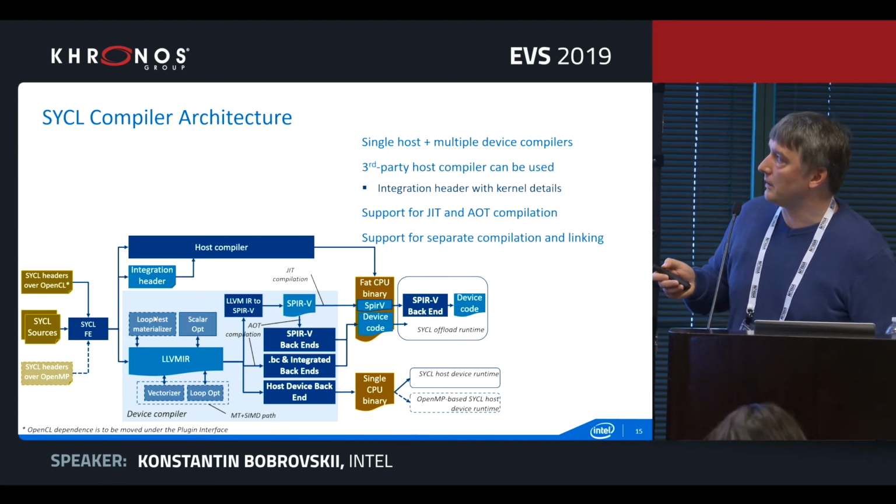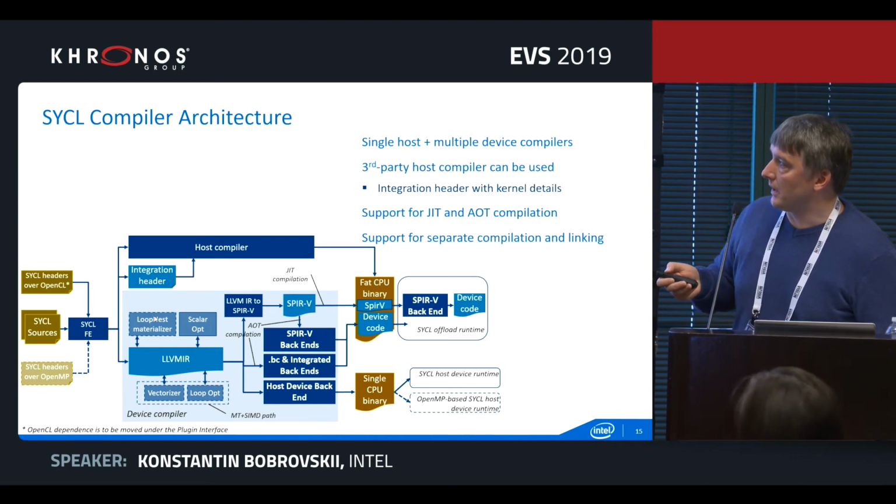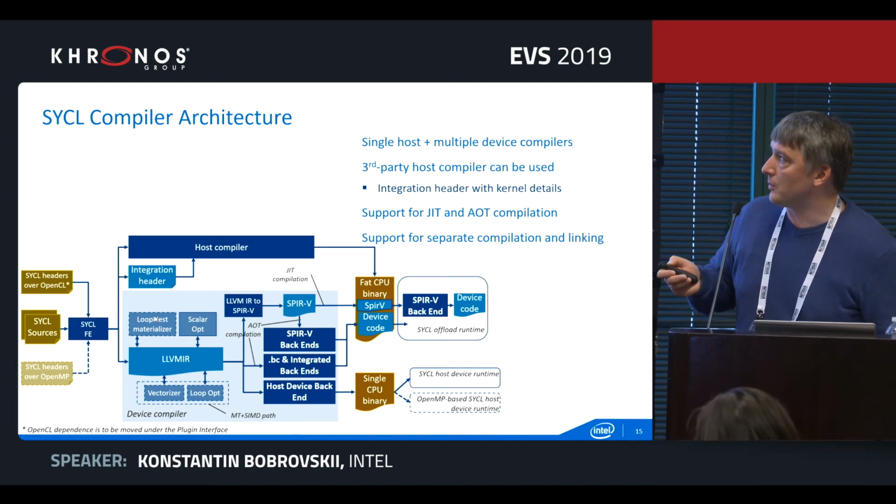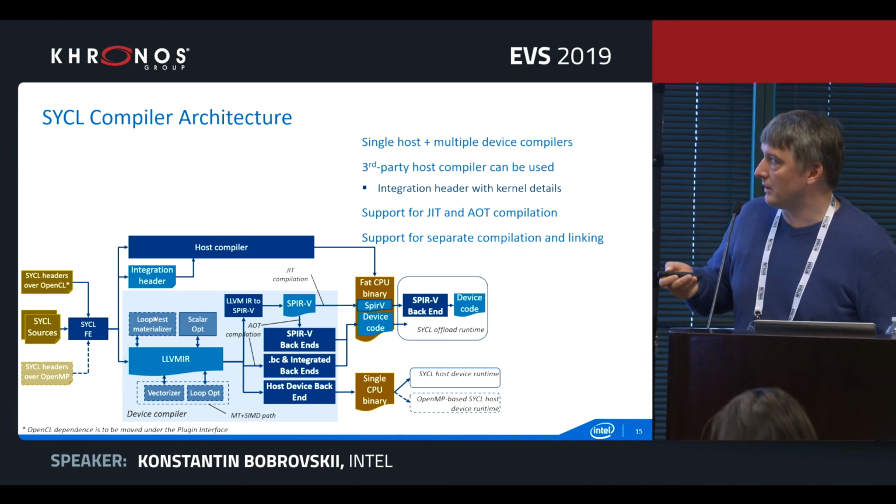Here is the host compiler, which is actually a usual C++ compiler, so it's just a black box here. The device compiler can be invoked either in JIT compilation mode, the normal mode, when we produce SPIR-V, and it will also soon be able to invoke backends in ahead of time compilation mode to produce actual native device code.